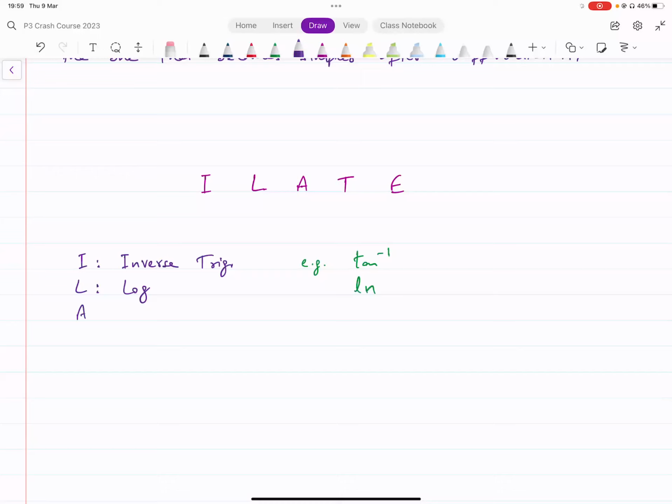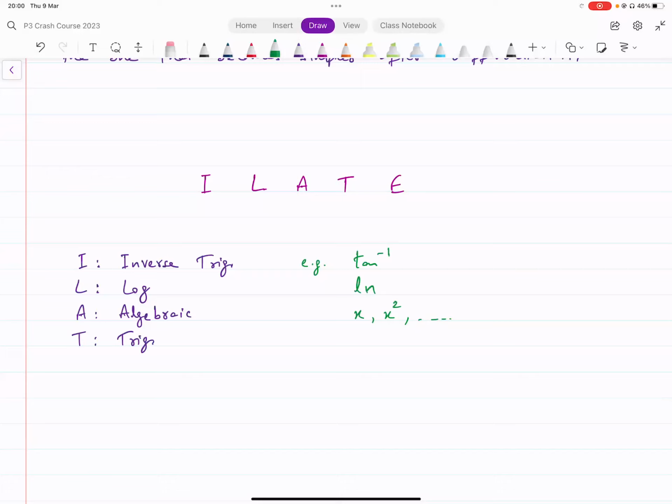Then A stands for algebraic expression. That means something in terms of x. So maybe x or x square, or sometimes just a constant as well. We will see sometimes you have to use a constant. You could write that as x power 0, but something in terms of x like this. That's algebraic, okay? T stands for trigonometric function.